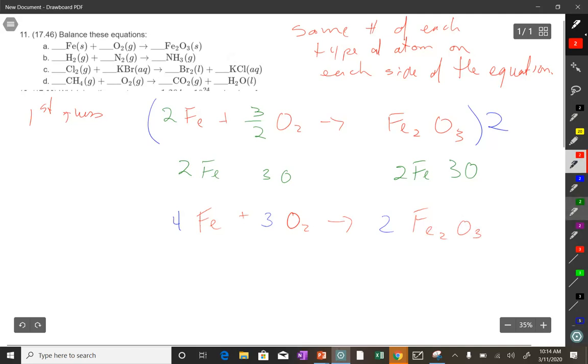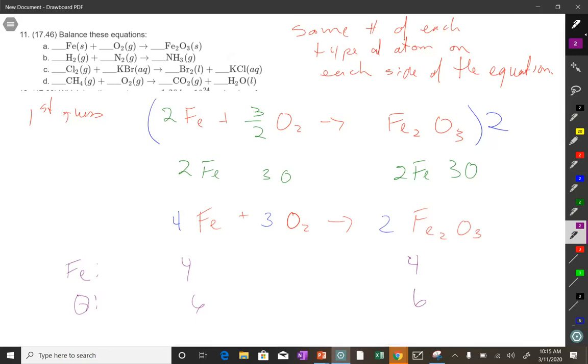And so now finally, how would you show that you're correct? You would make sure. Irons, I had 4 on this side, and 2 times 2 is 4 on that side. Oxygen, I had 6 on this side, 3 times 2, and I had 6 on this side, 2 times 3, and so it's balanced.